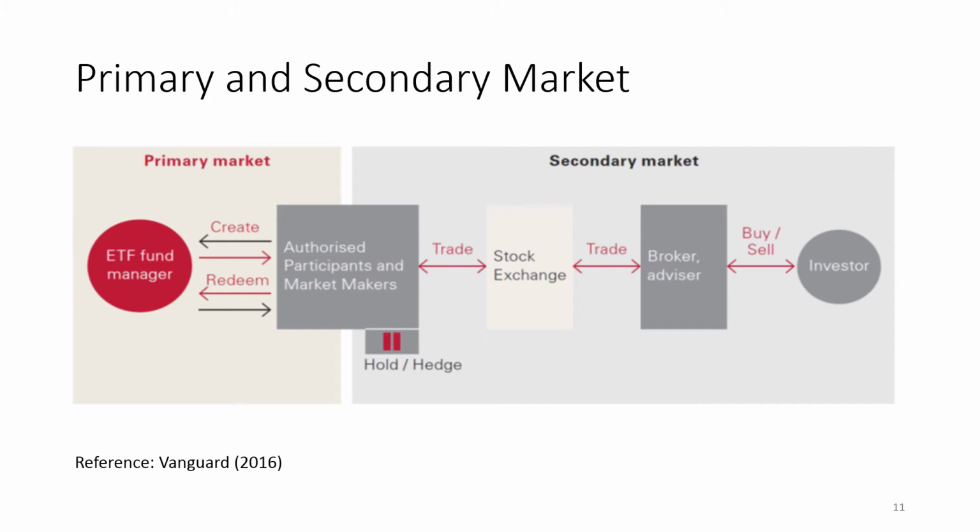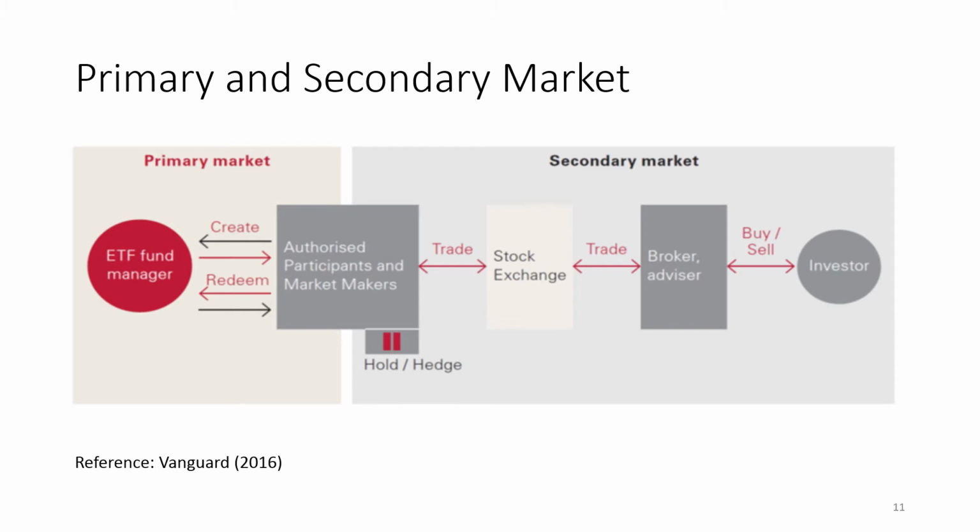The fund manager is the issuer of an exchange-traded fund, who manages the exchange-traded fund and its underlying securities. The creation and redemption of shares are performed in the primary market.